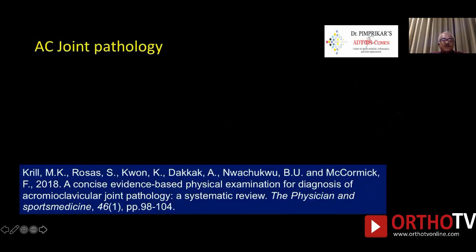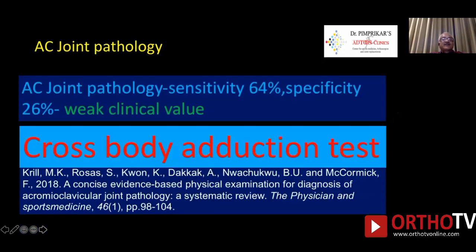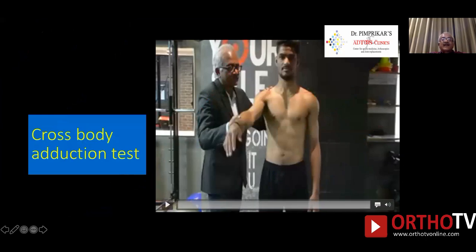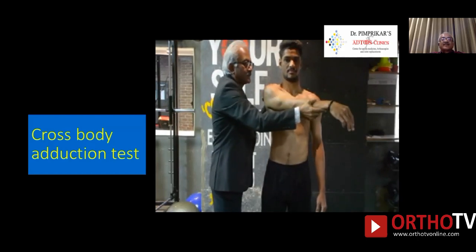AC joint pathologies are again common as the patient passes middle age. And in this, the cross-body adduction test gives us a weak clinical value with 26% specificity and 64% sensitivity. It's done in standing position where the hand is elevated to 90 degrees of flexion, elbow is completely extended, and a cross-body adduction is performed.